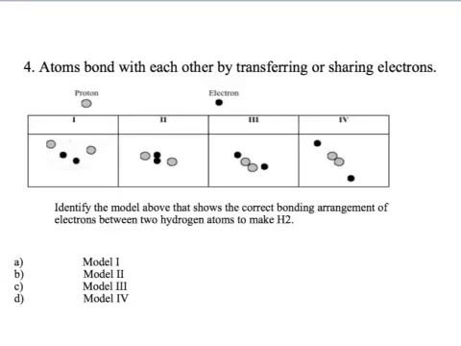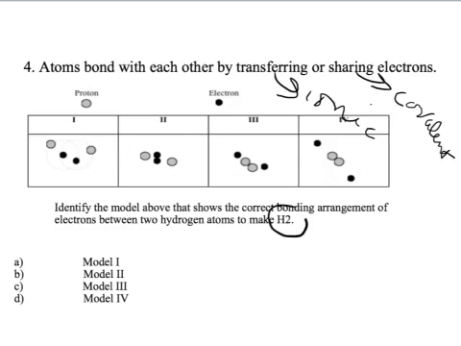Atoms bond with each other by transferring or sharing electrons. Sharing electrons is covalent bonding. Transferring is ionic. Okay. Identify the model above that shows the correct bonding arrangement of electrons between 2 hydrogen atoms to make H2. Well, when it's 2 alike that are nonmetals, and hydrogen's a nonmetal, it's going to be a covalent bond, and they're going to share electrons.